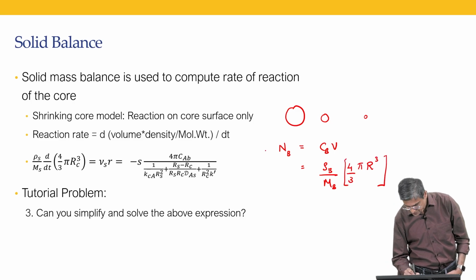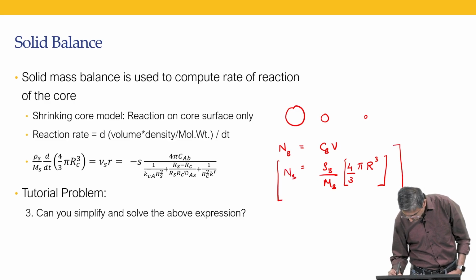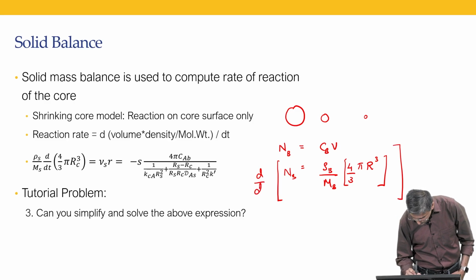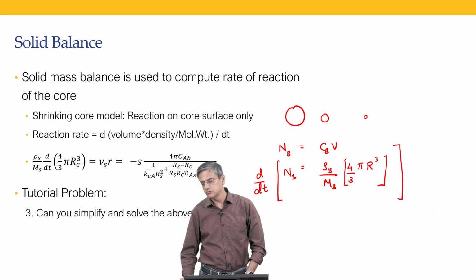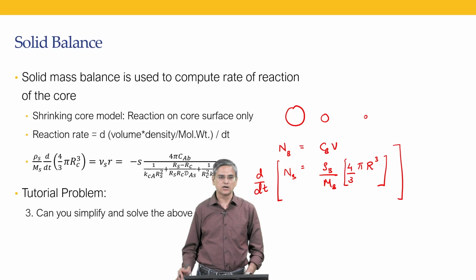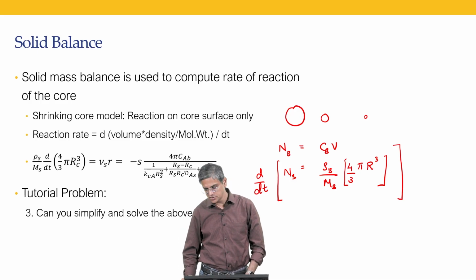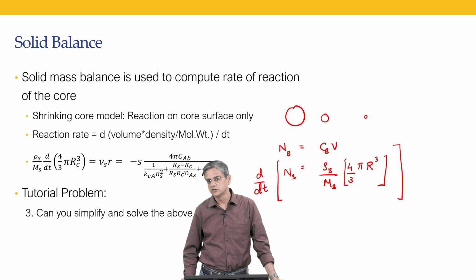Okay. And dNB by dt, if rho and MB are constant, then 4 pi rho B by MB multiplied by r squared is what you will get, and that is how the radius changes as this thing gets dissolved.